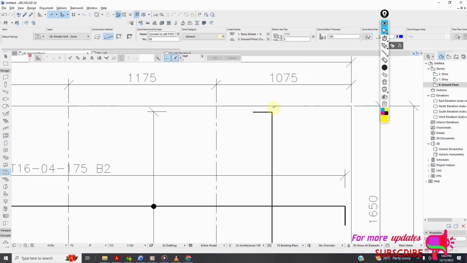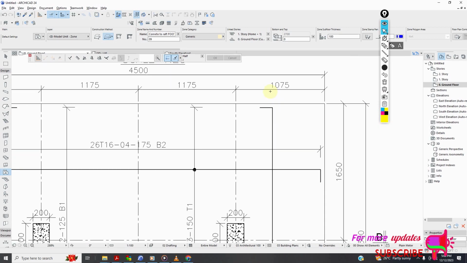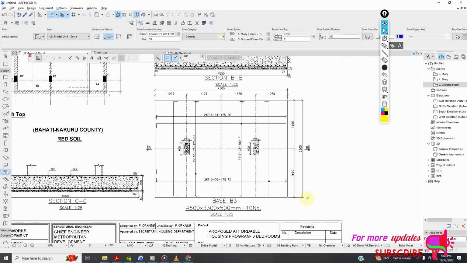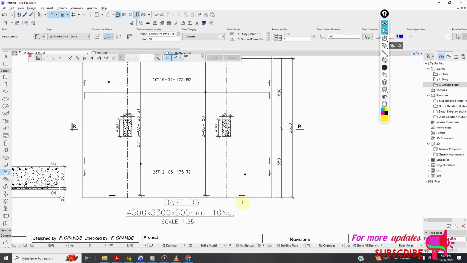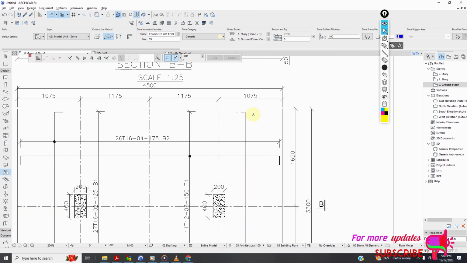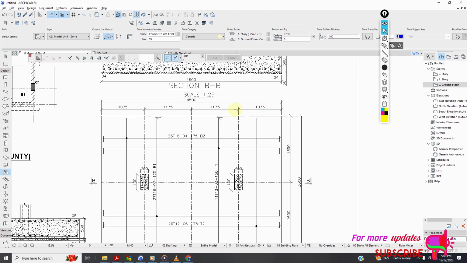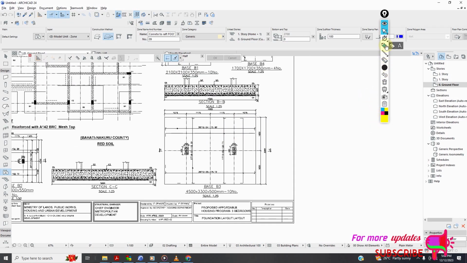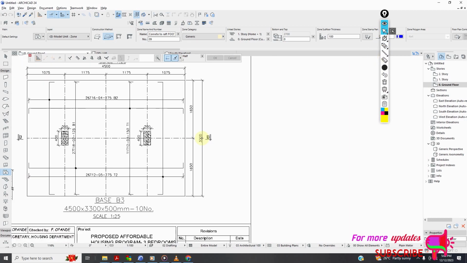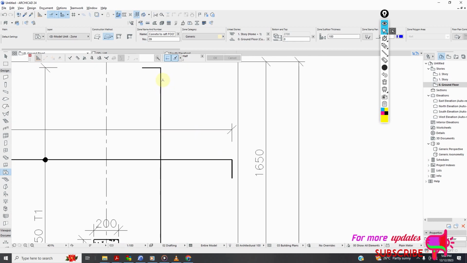So the length from this point here to this point should be the total length, which is 3300 minus 50, which is the clear cover, from the sides. So minus 50 times 2. We need to determine the length of this rebar here.